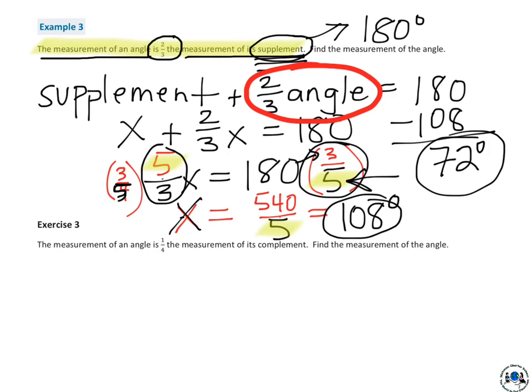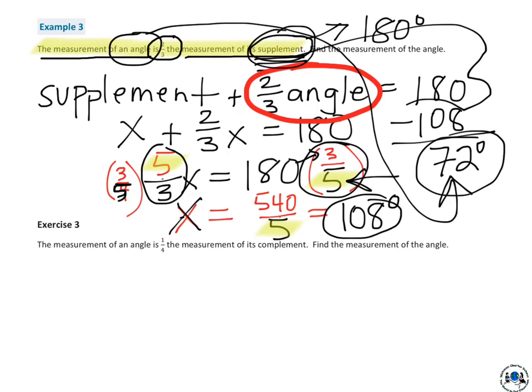Okay, so in this original problem, we have the measurement of an angle. So this angle they're referring to is actually the 72 degree angle, and then its supplement is that 108 degree angle.